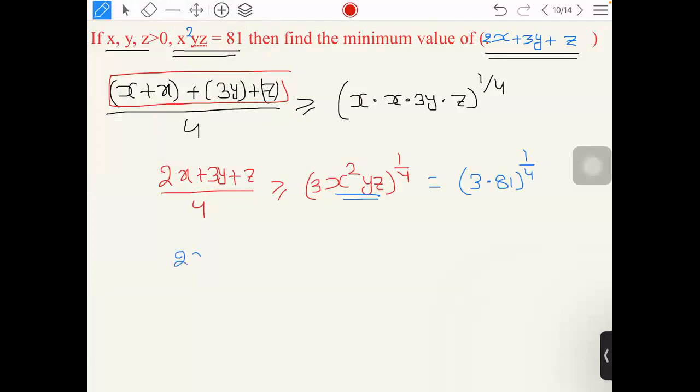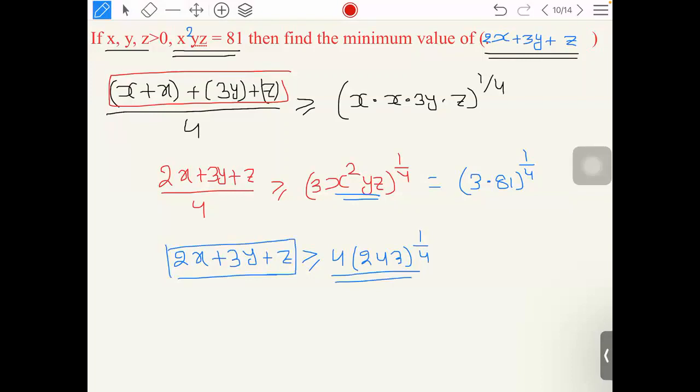So 2x plus 3y plus z is more than or equal to 4 times 243 raised to 1 by 4. So this is always more than this one. And the minimum value of this is 4 into 243 raised to 1 by 4, or 4 times 3 to the power 5 by 4.